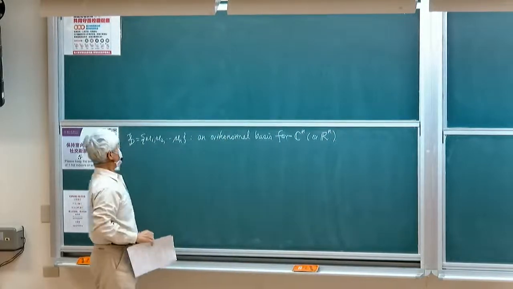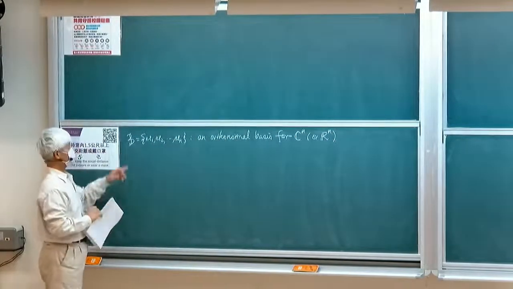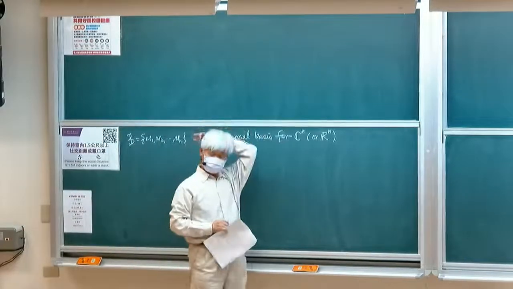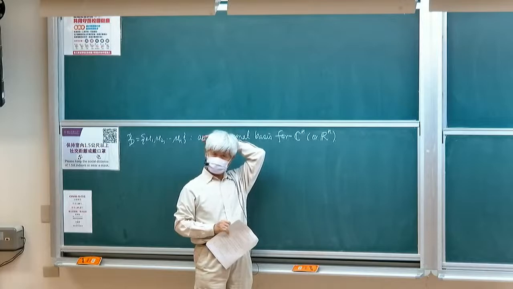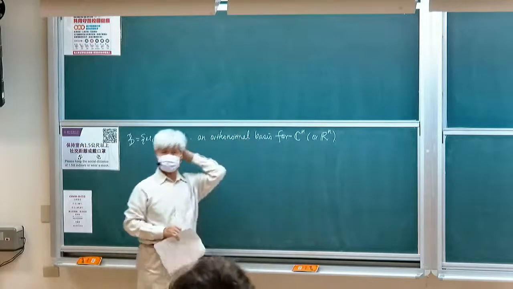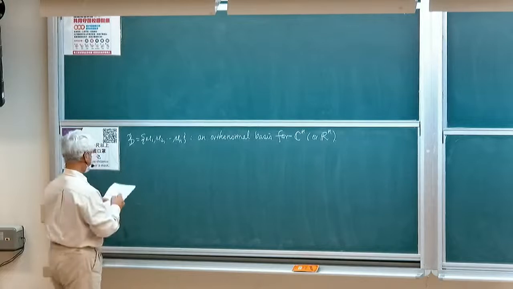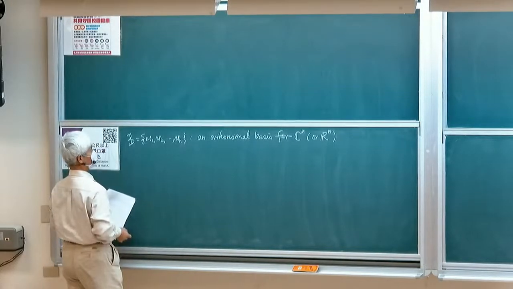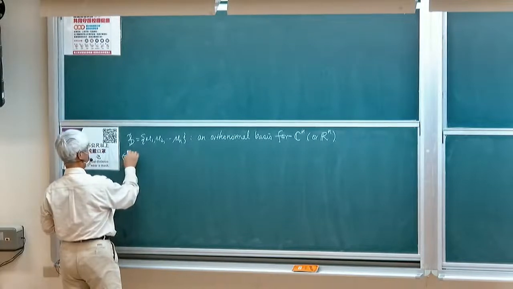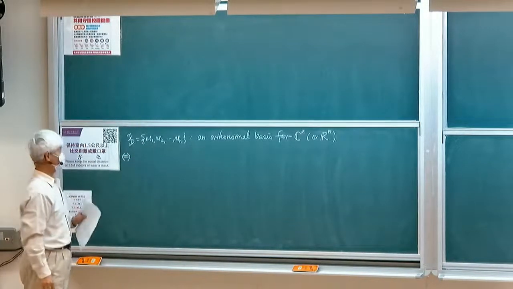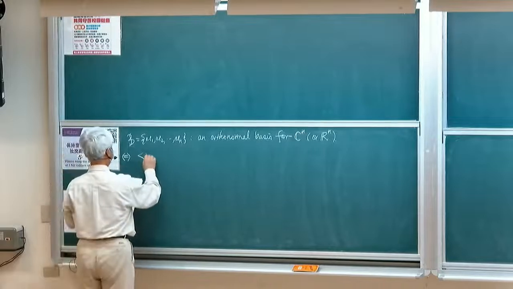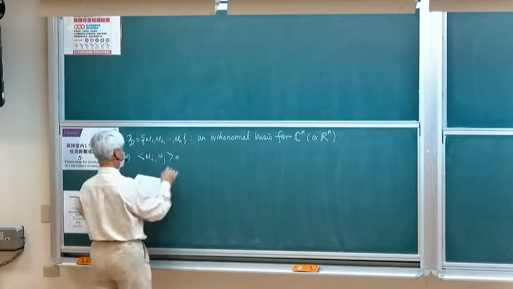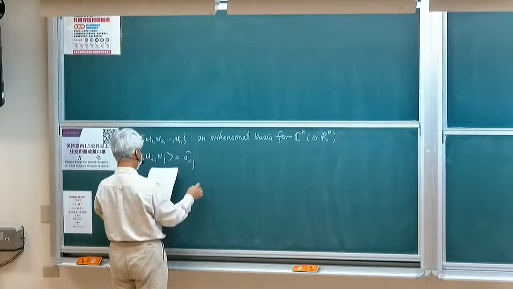Okay. So we consider an orthonormal basis for the n-dimensional complex Euclidean space or n-dimensional real Euclidean space. All right, and this is an orthonormal basis if and only if, when you take the inner product of Ui and Uj, you get delta ij.